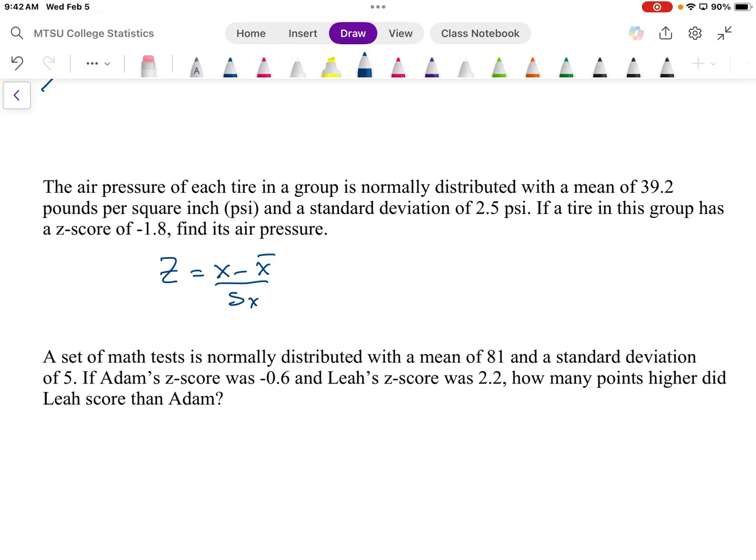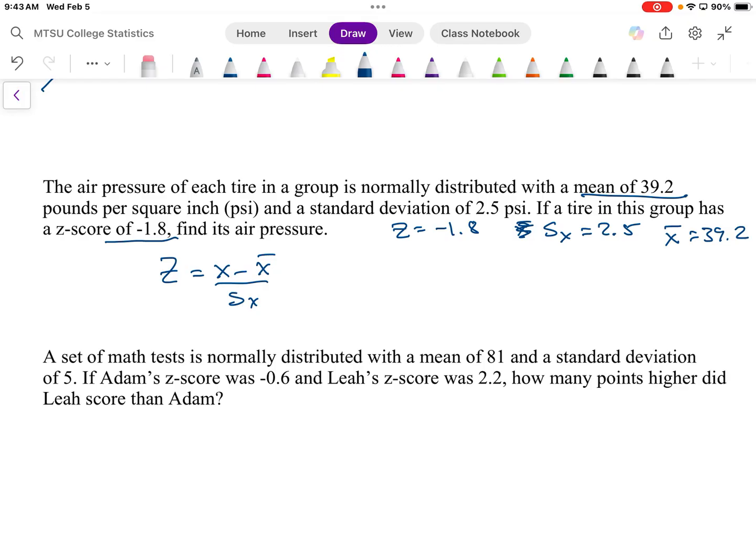As we look at this one here, they actually tell us what the z-score is. They tell us that the z is equal to negative 1.8. They tell us the standard deviation, that'd be s sub x, is equal to 2.5. And the mean x bar is equal to 39.2.